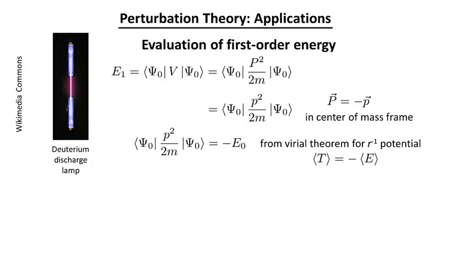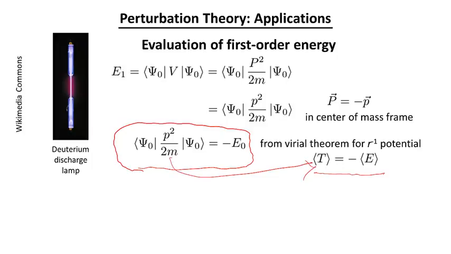And what's more, by use of the virial theorem, we don't even need to do an explicit calculation of that matrix element, because we showed previously that for the 1 over r potential, the expectation value of the average kinetic energy, which is what this is, is just equal and opposite to the total energy.